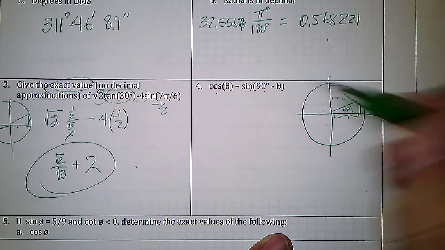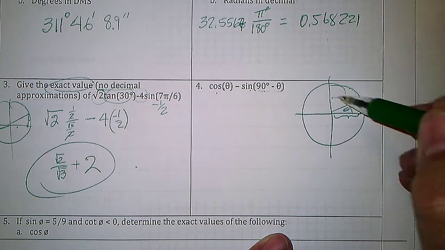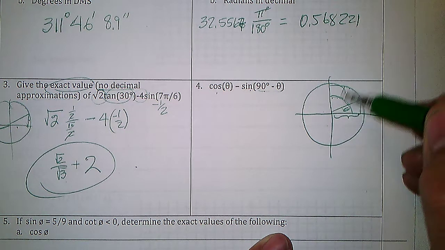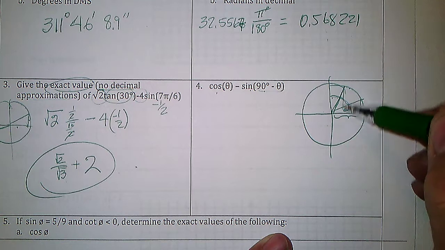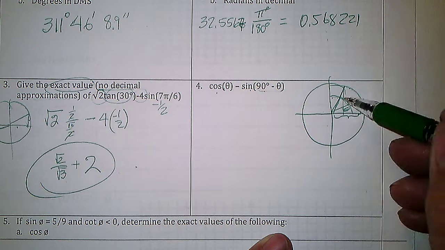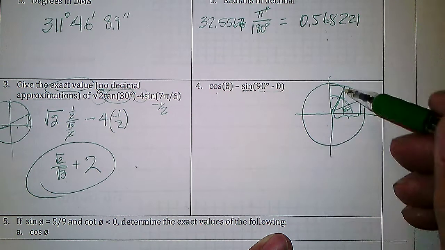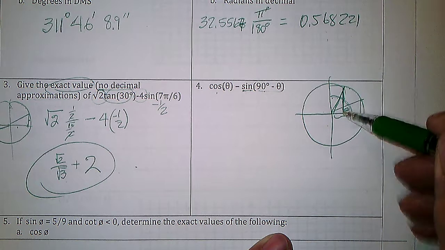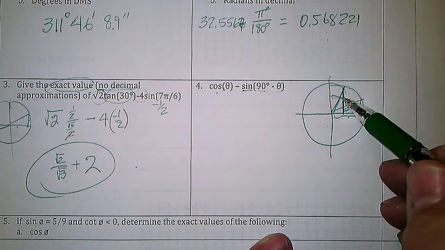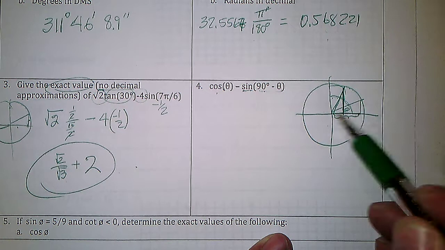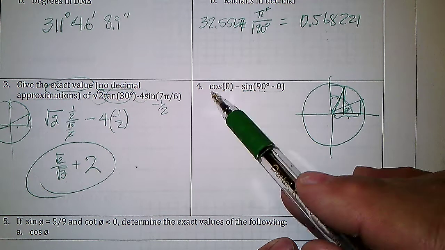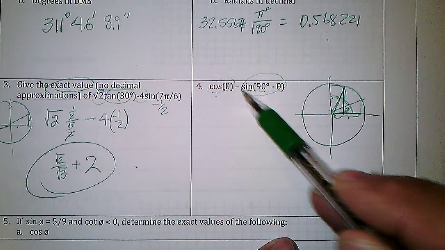Now if I go to 90 and back off theta, which is about this size I said, that would end up about there, which would be the same triangle, only now the long leg is here. And it's the sine of this angle that would be the long one, and it's positive, and it's the same length as the long one on this triangle. So we would have a value that's equal to this value.